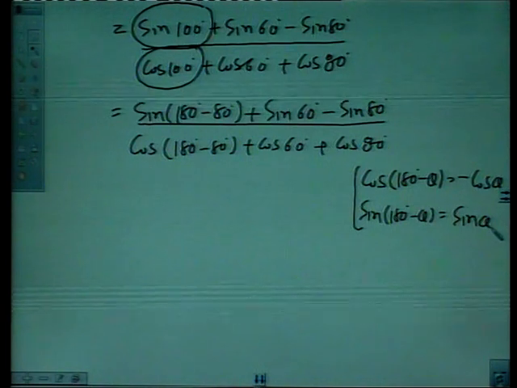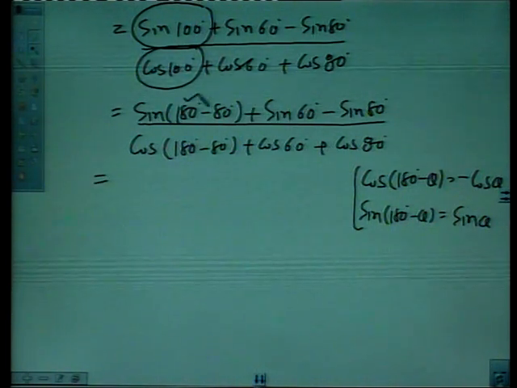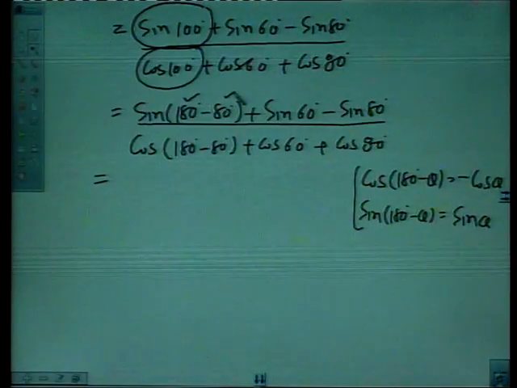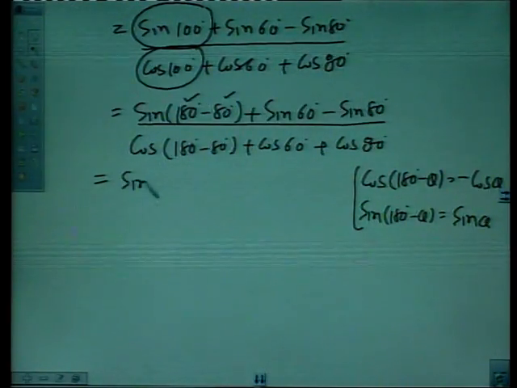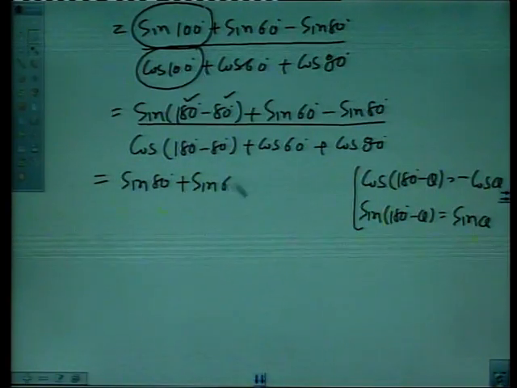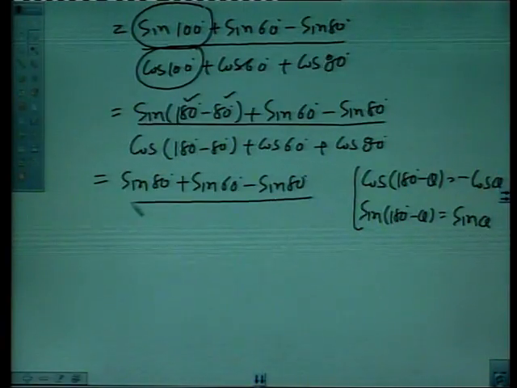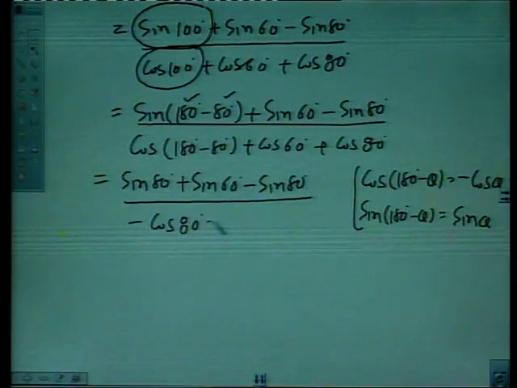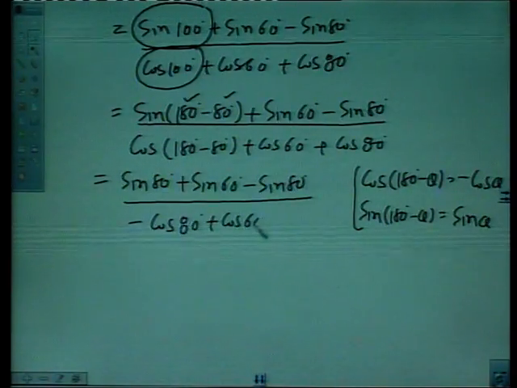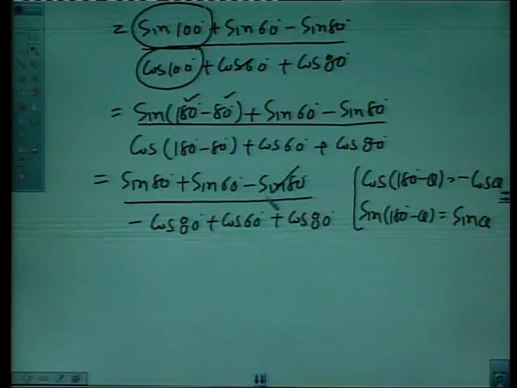So using these two formulas, sin 180 minus theta becomes simply sin theta. Sin theta means sin 80 degree plus sin 60 degree minus sin 80 degree. For cos, it becomes minus cos 80 degree plus cos 60 degree plus cos 80 degree. This sign cancels with this sign, this cos cancels with this cos.